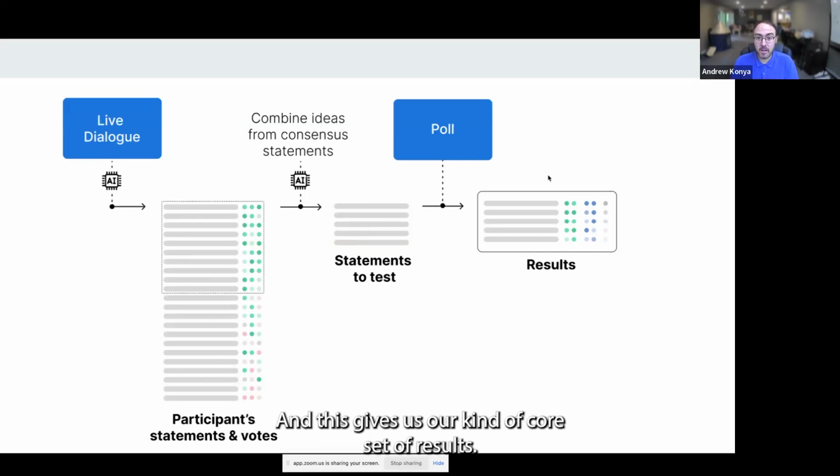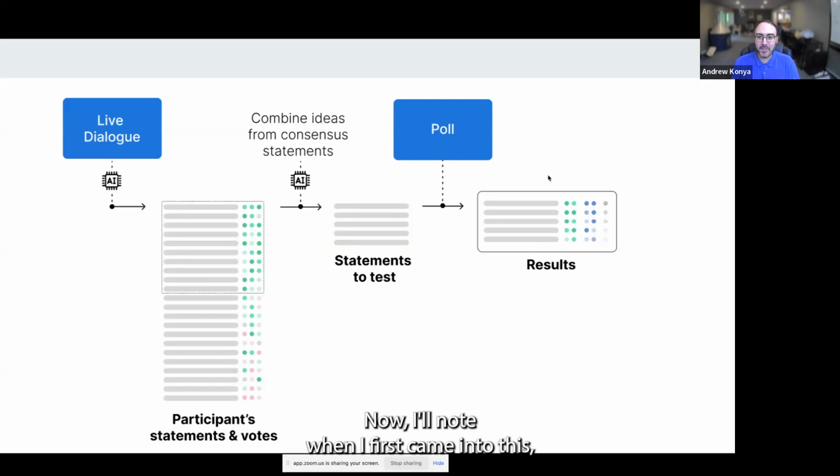This gives us our core set of results: the statements, in words that came from the participants themselves, and an understanding of how much agreement and consensus there is with those statements. If the process works well, we'll learn that these are extremely highly supported by participants on all sides, and that's what we'll be looking for. Those are the types of results that Natalie is going to walk you through.